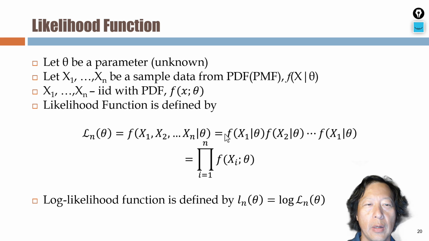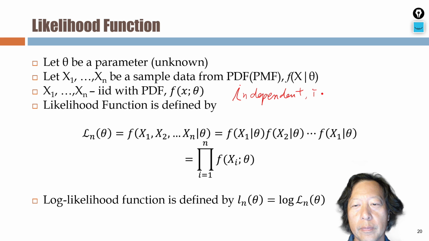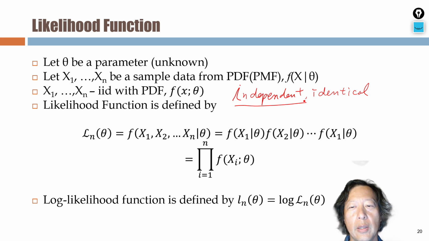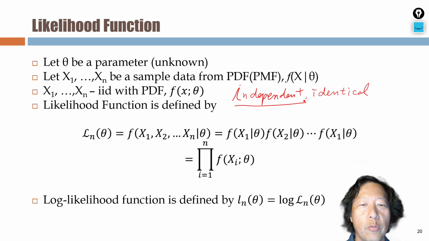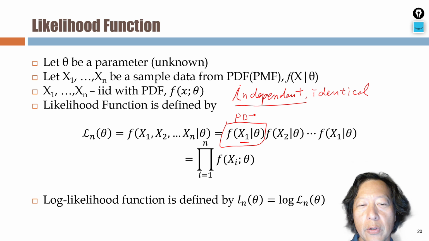However, if the sample data x1, x2, x3 up to xn is IID, independent and identically distributed, so independent of each other and from the same distribution with the PDF, the likelihood function will be defined this way. Basically, the likelihood for one number is the PDF, the probability density function.